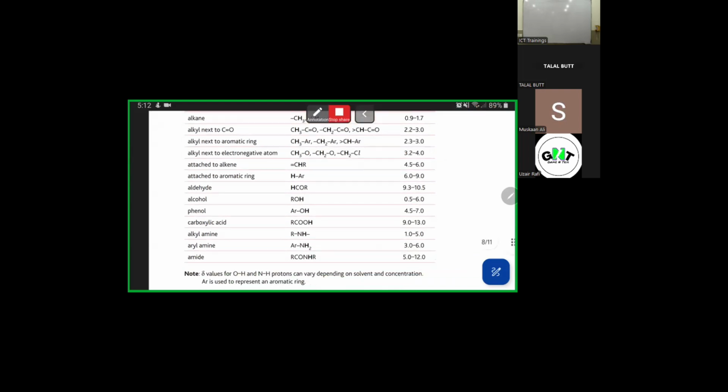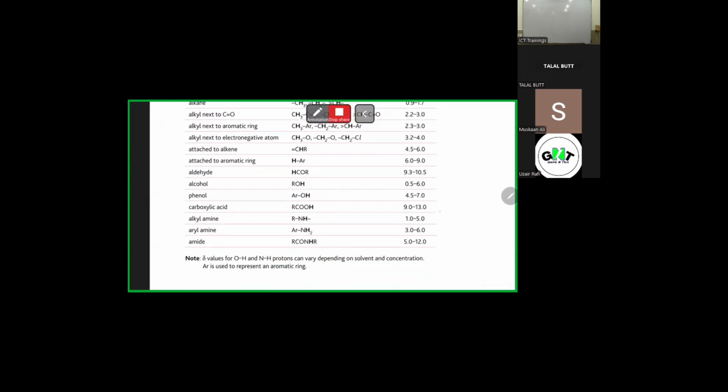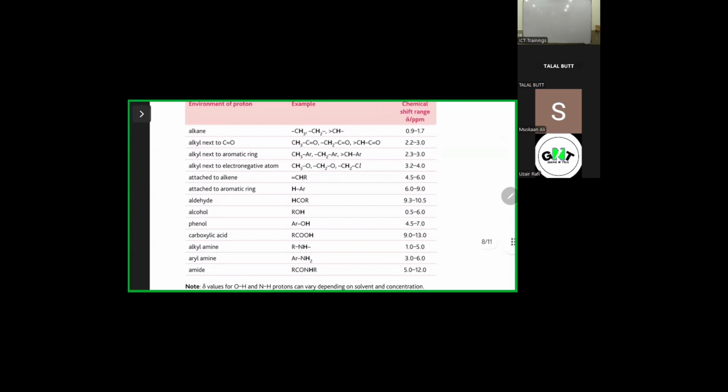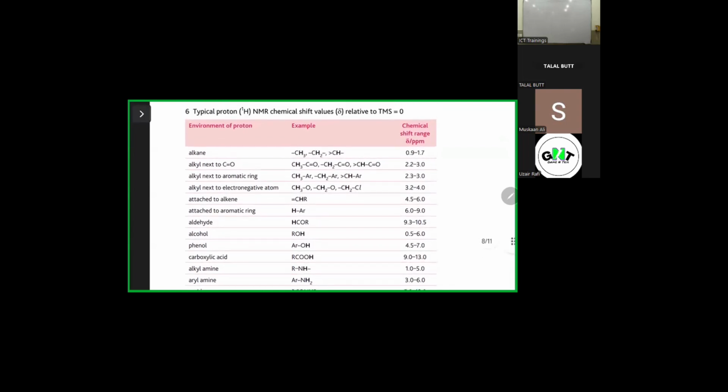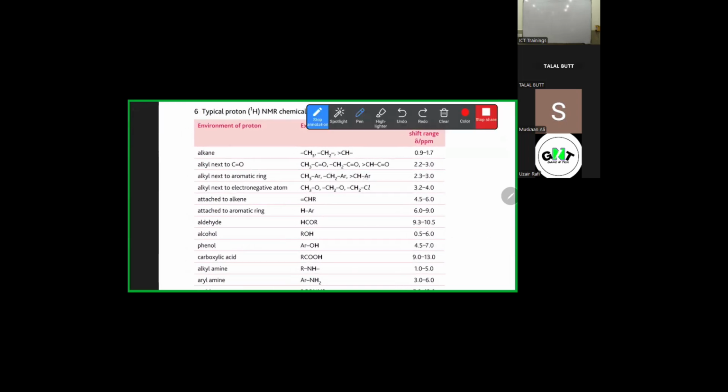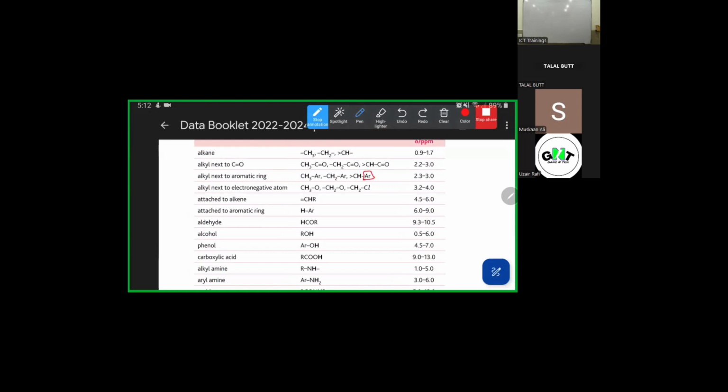For the 2.5 value, if you look up here, you can take CH, not the aromatic group. So don't take the aromatic, you can take CH. So CH3 from here, and then CH2O.